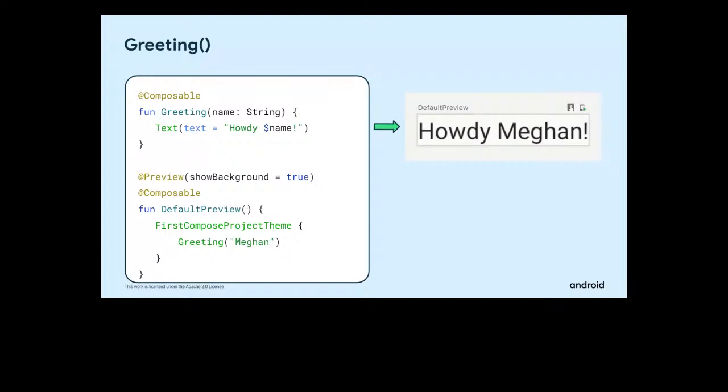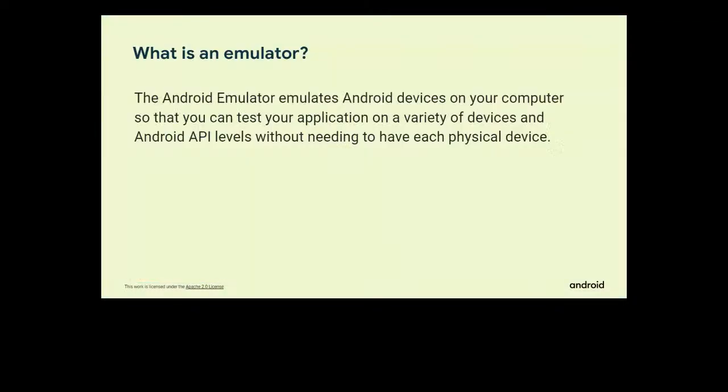So I had spoken about a virtual device a few minutes ago, and that is what we'll discuss now. This is also known as an Android emulator. An Android emulator is something that simulates an actual device without having to physically connect a device to your system.